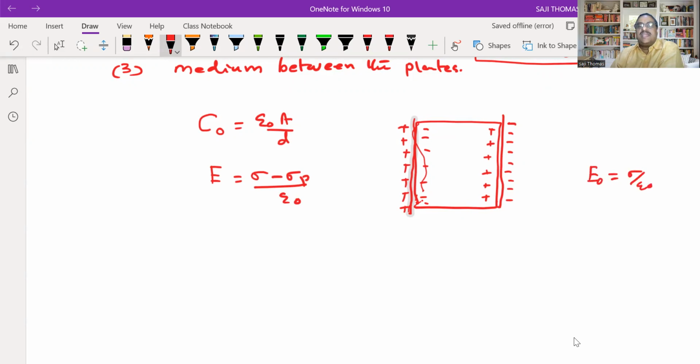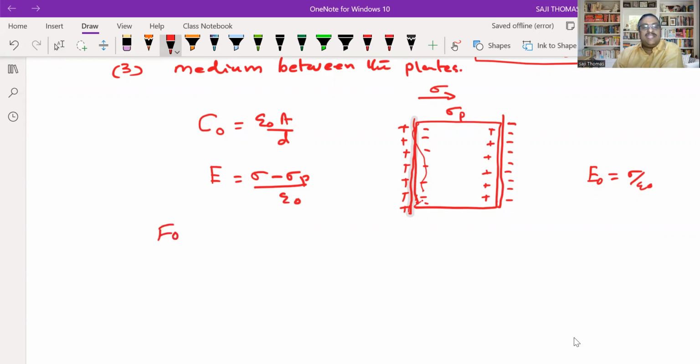When you introduce a dielectric between the plates, the dielectric is polarized. Sigma P is the charge density due to polarization, and sigma was the charge density on the plates. So the effective charge density is sigma minus sigma P, and the electric field is sigma minus sigma P by epsilon 0.